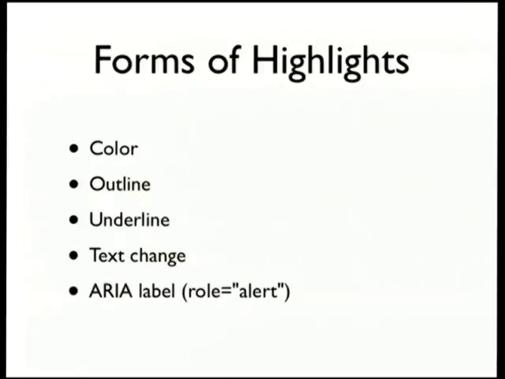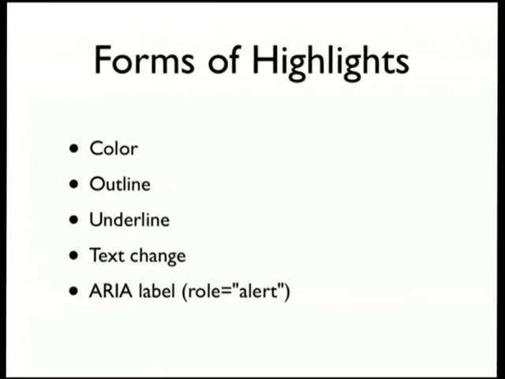Here's a bunch of different ways. There are others; this is just a sampling. You can change the color, but remember your color contrast and don't just rely on color. You can change the outline of the element. You can put it in a box with a dotted or dashed outline. You can underline it.